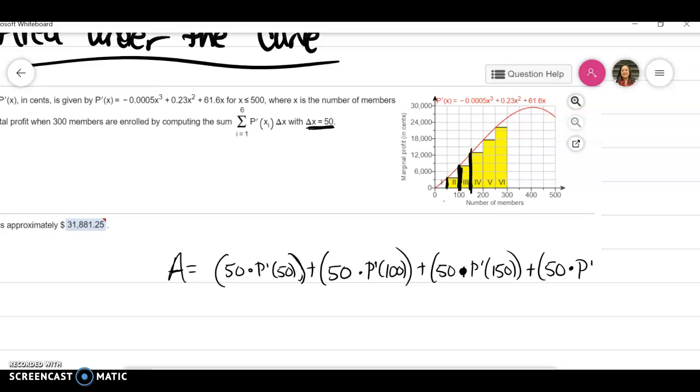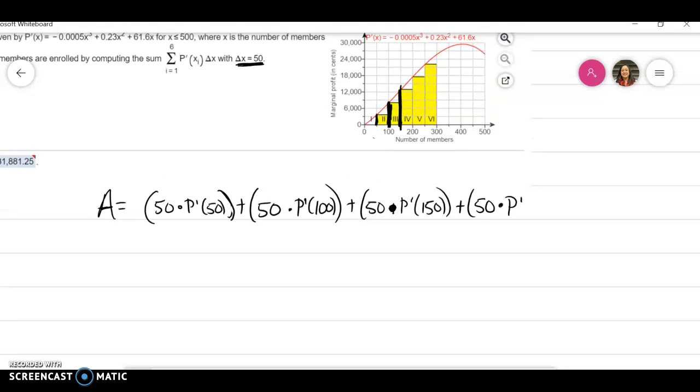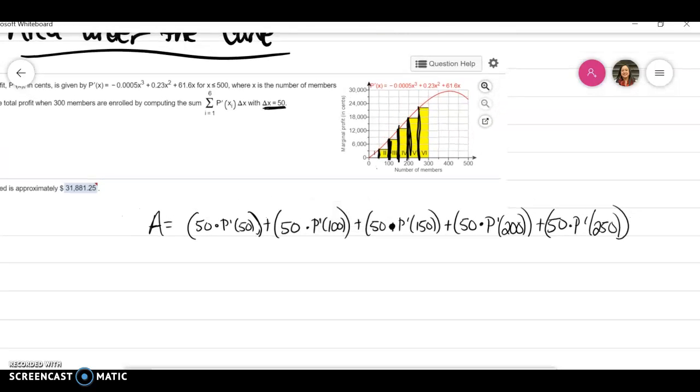Times p prime of 150. Plus 50 times the height here, which is 200, plus 50 times the height here, which is going to be found by plugging in 250 inside of that equation.